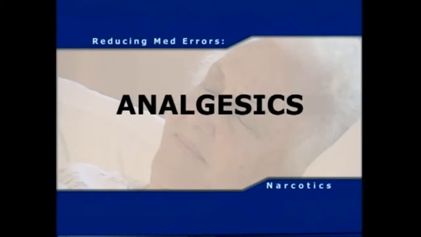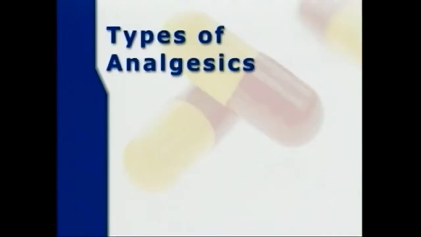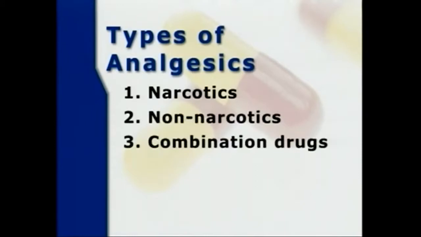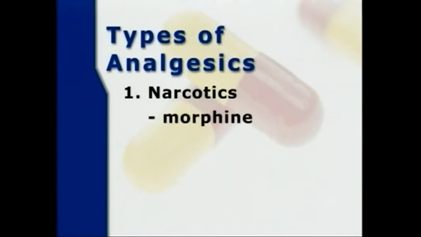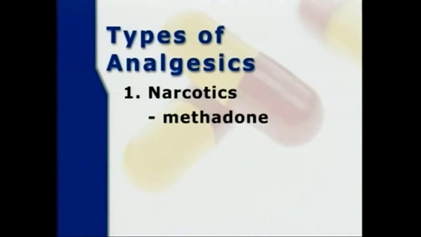One of the most likely reasons that a client in your facility will take a narcotic is to control pain. Pain-relieving medications, also called analgesics, fall into three general categories: narcotics, non-narcotics, and combination drugs, which contain both a narcotic and a non-narcotic. Examples of narcotics include morphine, codeine, oxycodone, fentanyl, and methadone.